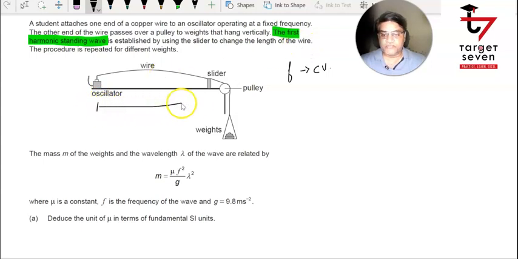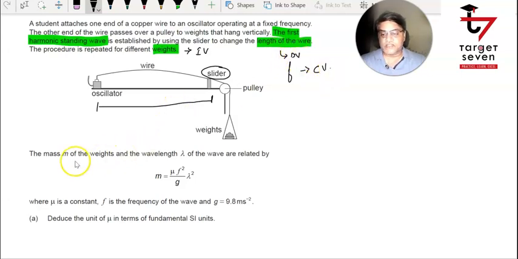So this length of the wire that is hanging is being altered by changing the position of this particular slider over there. Alright, the procedure is repeated for different weights, indicating that the weights here become your independent variable, and automatically the length of the wire becomes your dependent variable.